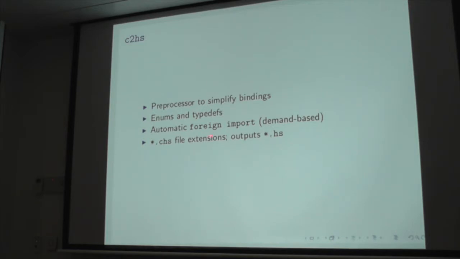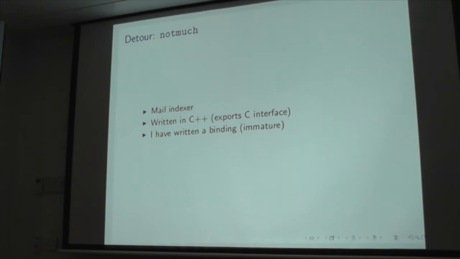It can automatically write your foreign import declarations for you based on which functions you're calling and how you're using them. Typically you'll find that these have a .chs file extension, and they'll output the .hs, which will then be compiled in the normal compilation process for your program.